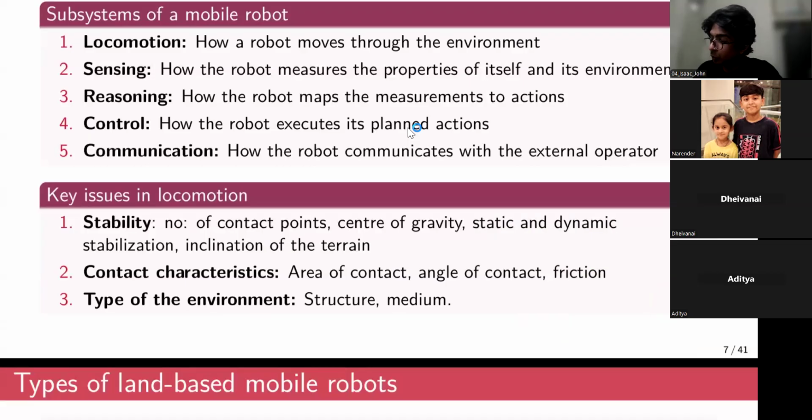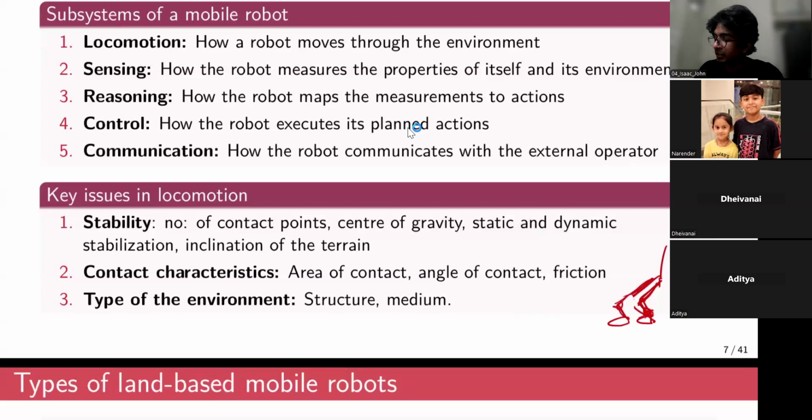If two legs are in contact with the ground like this, if you consider this to be a humanoid robot, when two legs are in contact with the ground at an instant, we call it a static phase. And it's far easier to balance a robot in a static phase.